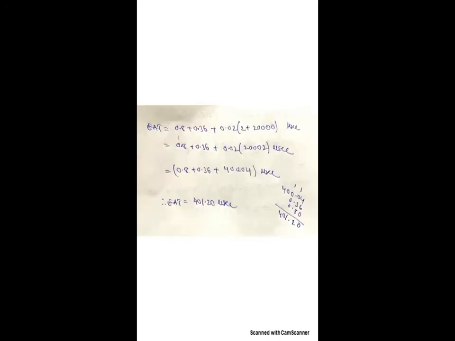So I get 20,000 plus 2, all in microseconds. Then 0.8 plus 2 into 0.18 is 0.36 plus 0.02 into 20002. Now when you multiply this, you will get 400.04, plus this, and add all of them. When you add all, you get the effective access time as 401.20.